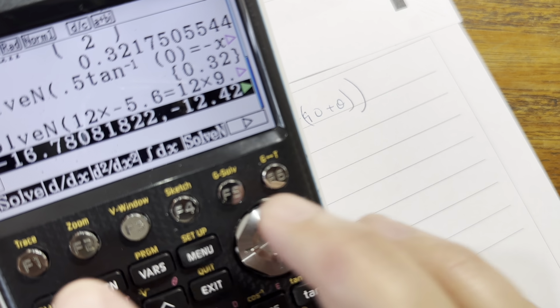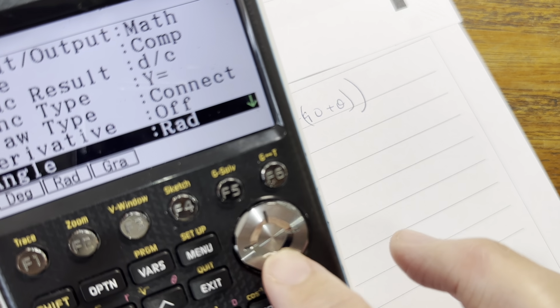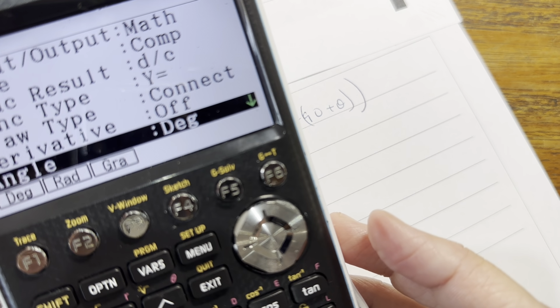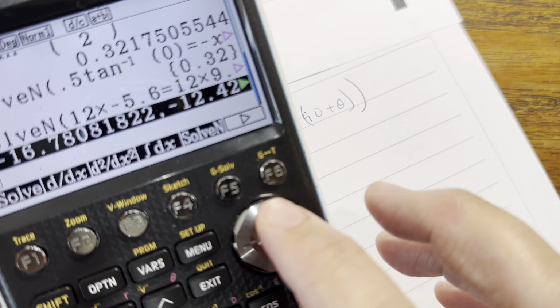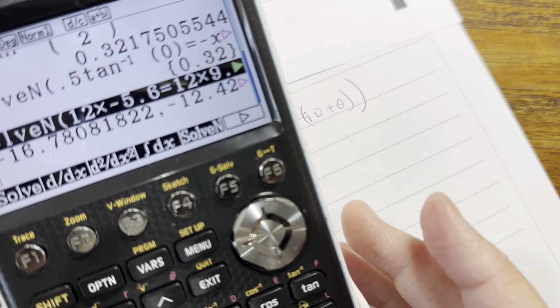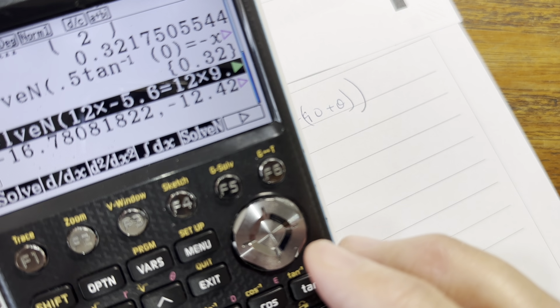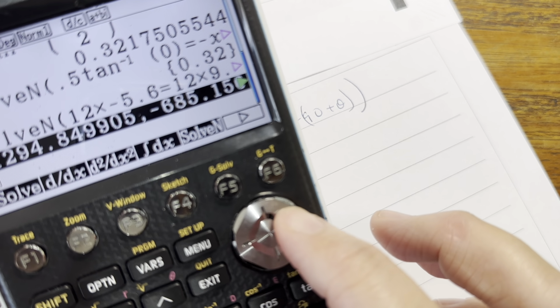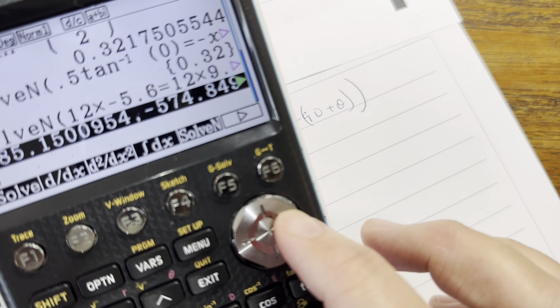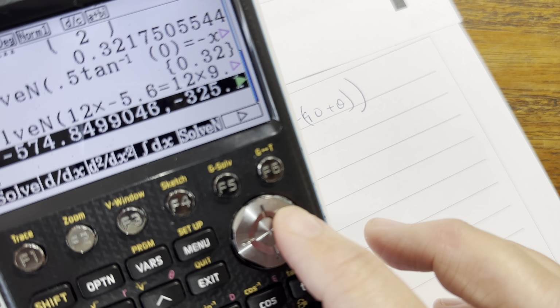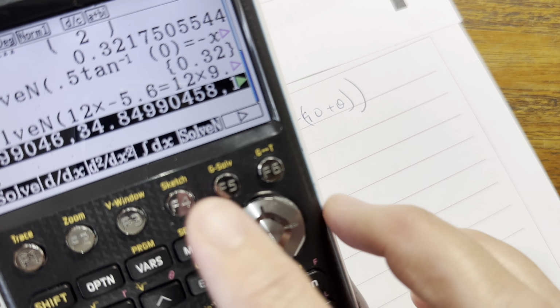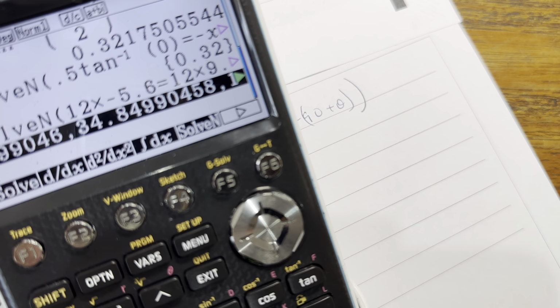So let me go out and go shift setup, degrees. You could do it in radians if you wanted to. I'm just going to go up and solve that again, in degrees. Go across and get a reasonable answer, 34.85 degrees.